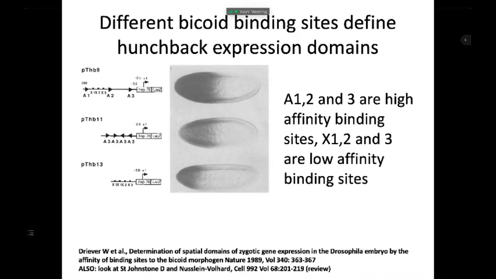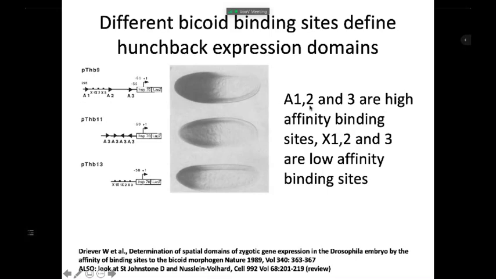Now, how is it that we can still form these gradients of hunchback expression? An experiment that shows this is looking at the whole of the promoter for hunchback, and we can see here it has 2 different kinds of binding sites.